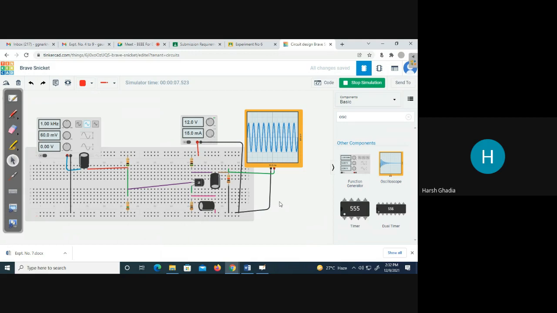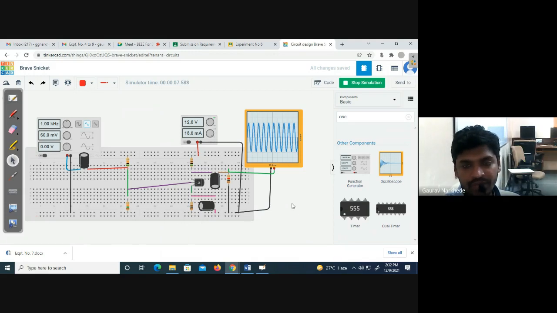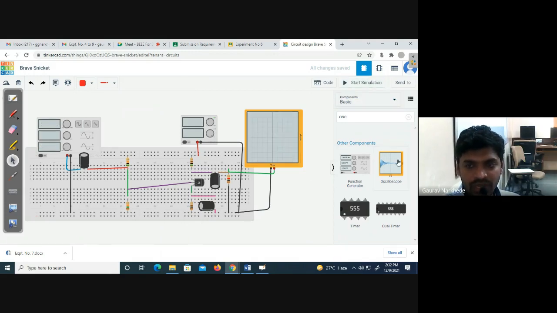Not yet. Okay. Now just see what I will do. Last part, right? Phase shift will remain for us. So if we want to see the phase shift, I want to see the input waveform. For the input waveform, I will connect a negative part here, maybe to the negative, and this positive part I will connect to positive.